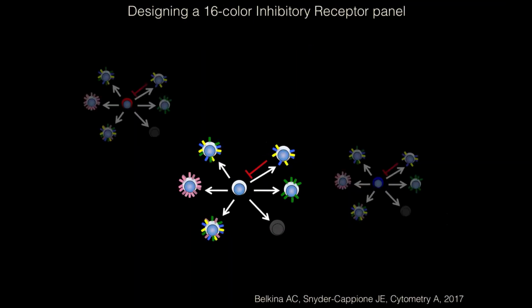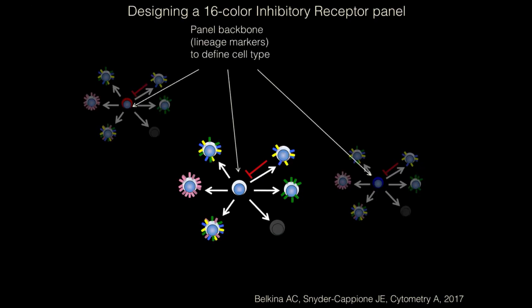So back in 2017, we designed a 16-color flow cytometry panel that would allow us to identify multiple lineages of immune cells and characterize their inhibitory receptor signatures all in one panel. This panel was specifically optimized for our 16-color FACSAria sorter to allow simultaneous sorting of multiple populations of interest.